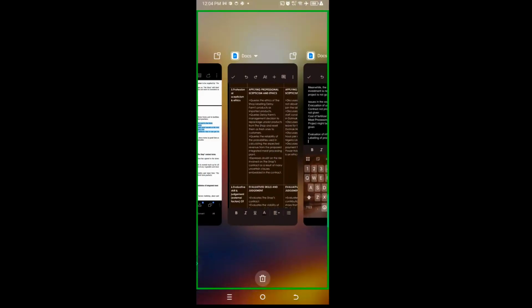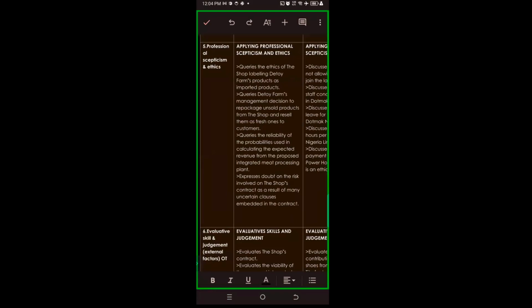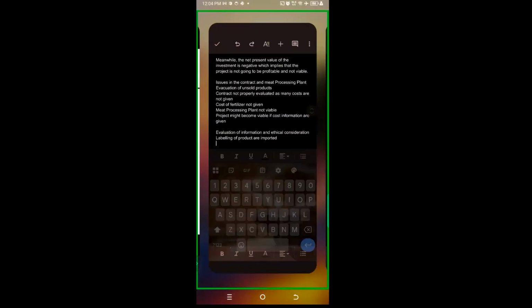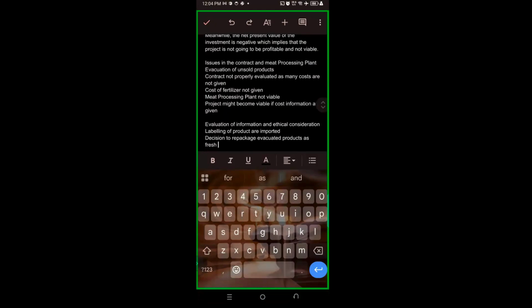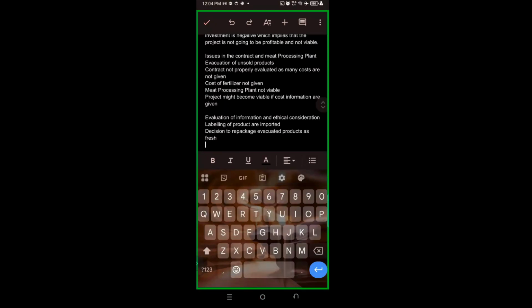Then decision to repackage evacuated products as fresh. Okay, that's another one.